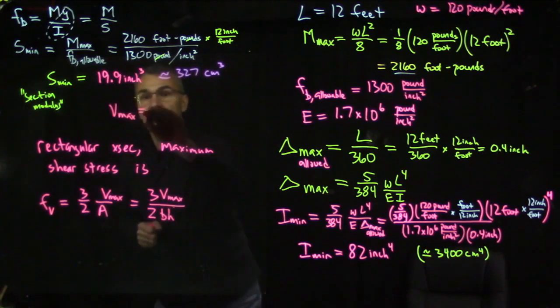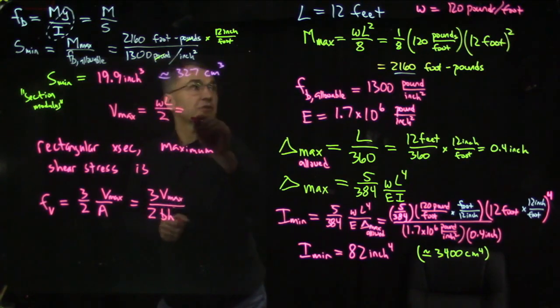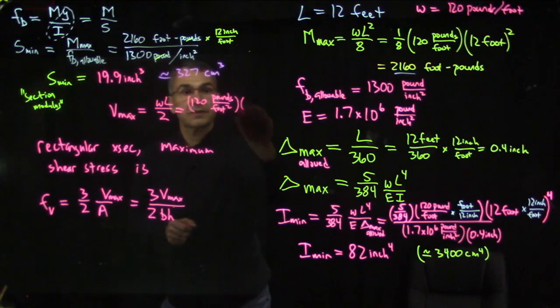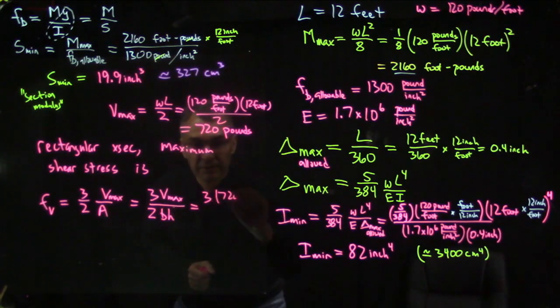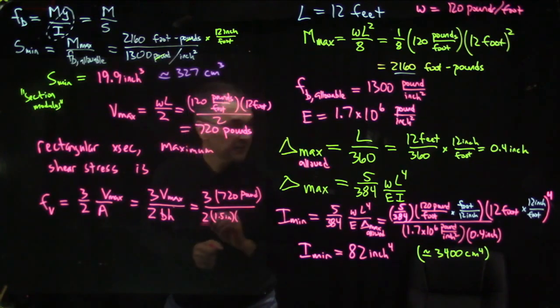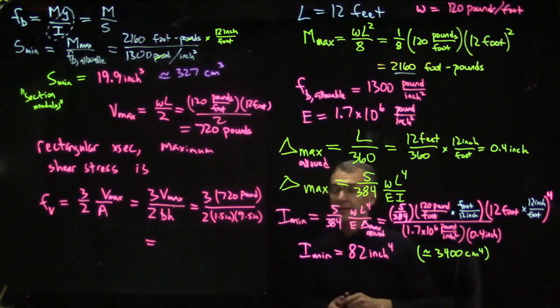And our Vmax is WL over 2, if you remember from our shear diagram, which is 120 pounds per foot times 12 feet over 2. Well, that's just pounds per foot times foot, which is 720 pounds. So that's 720 pounds over 2, 1.5 inches, and the height is 9.5 inches. So a 2 by 10 is 1.5 inches wide and 9.5 inches tall.